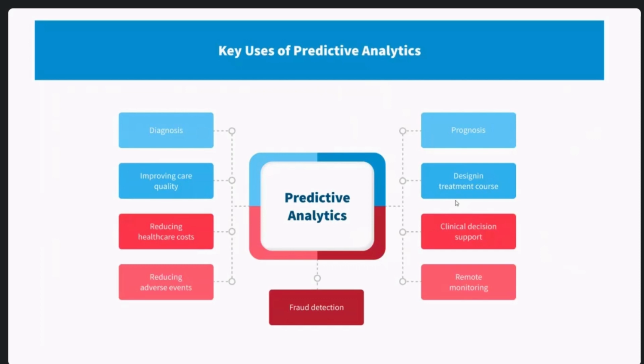You can take clinical decisions in the healthcare sector. You can go for the treatment procedures and so on. So predictive analytics could help in many sectors by applying all these newly upcoming technologies.